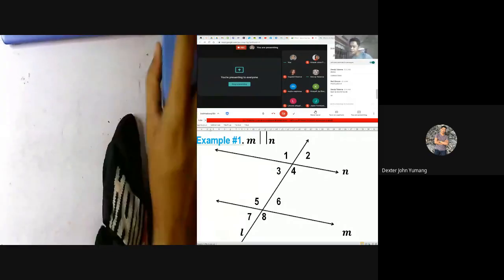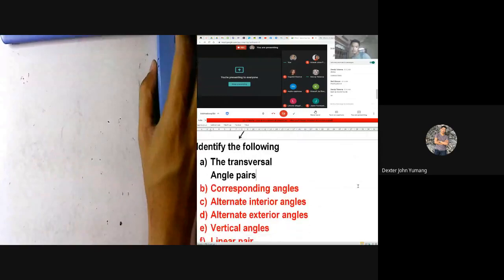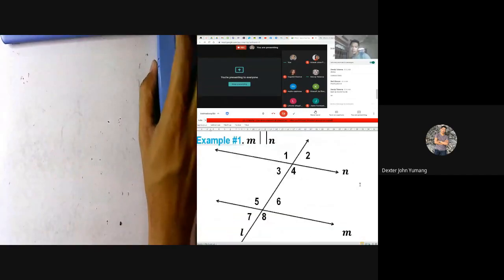Okay, for letter E is vertical angles. Vertical angles.